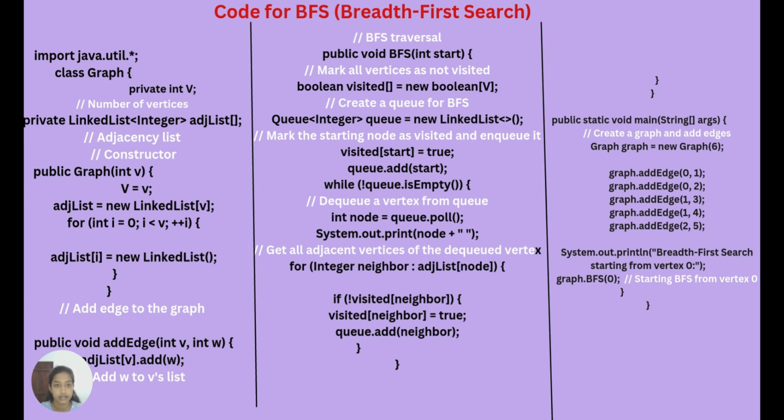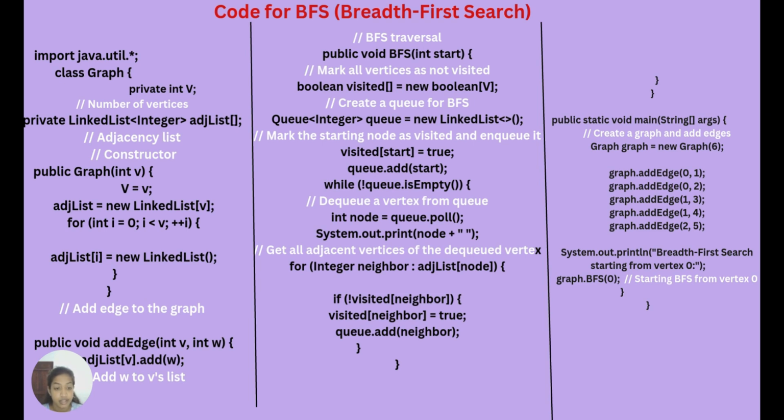Graph class explanation. The graph class represents an undirected graph using an adjacency list. The adjacency list is an array of linked list objects where each element of the array represents a vertex and stores a list of its adjacent vertices.